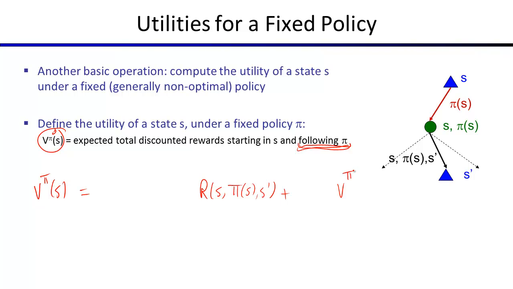That's V pi, that's the recursiveness here, V pi of S prime. Of course, we're one layer deeper in the tree, so we need to add a discount factor here, gamma. And then we don't know what's going to happen, so we sum over S prime, T, S, A, S prime, where actually A here is known to be pi of S.